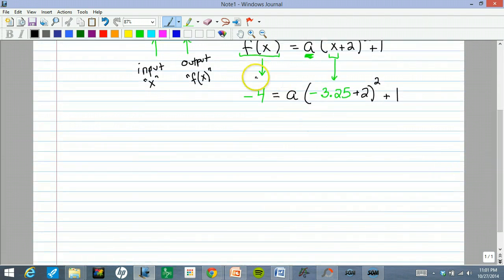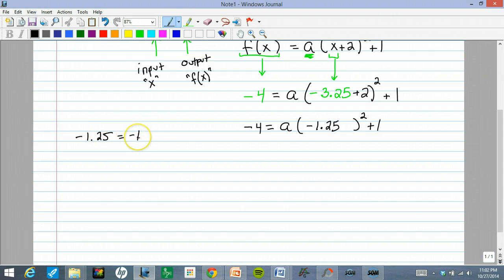This is an equation with one unknown. We can solve this. So start with simplification. Negative 3.25 plus 2 is negative 1.25, squared. Add 1. Alright, I need to multiply this out. I'm not good with decimals, so I'm going to quickly change this to a fraction.